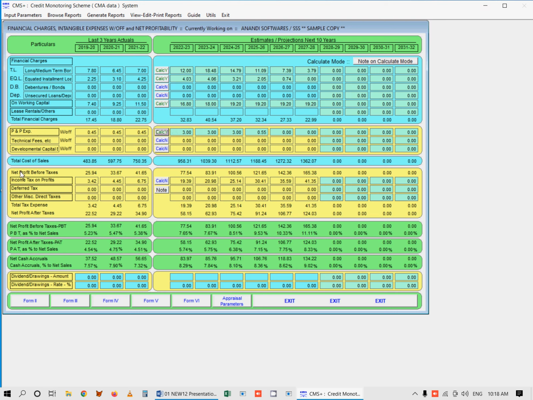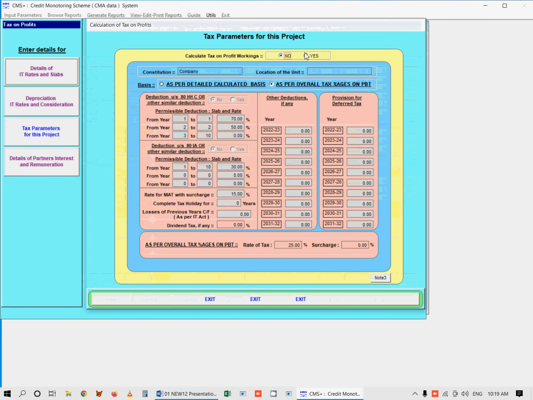Tax on profits. You may just enter the tax on profit figures for each year as desired. Or under calculate mode yes, opt for detailed calculation of it. There are two options. A. Detailed tax working with consideration of tax holiday, losses carry forward, applicable sections, user-defined deductions, etc., and tax calculated as per respective slab and rates as per the selected constitution.